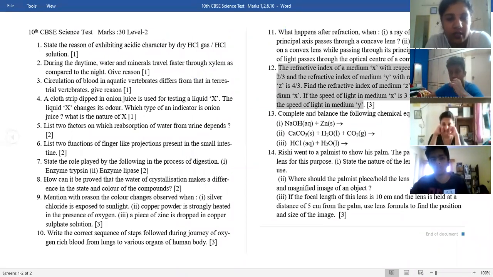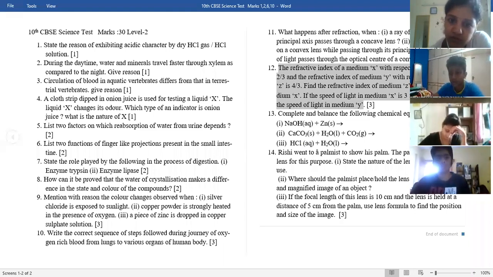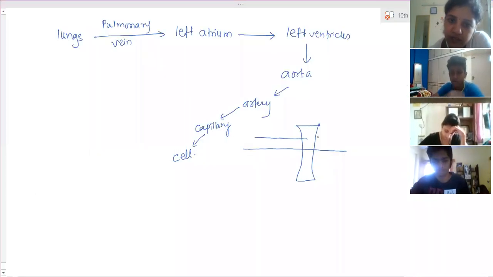And you have to draw the diagram for that. You have to show that the rays move out, they won't come back. It is a concave lens they have told. So it will enter and from here it diverges, but appears to come from F1.